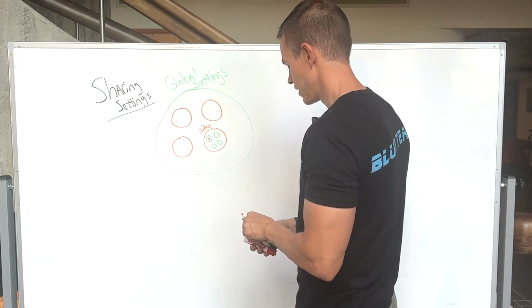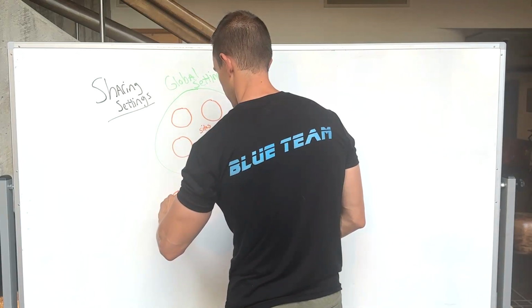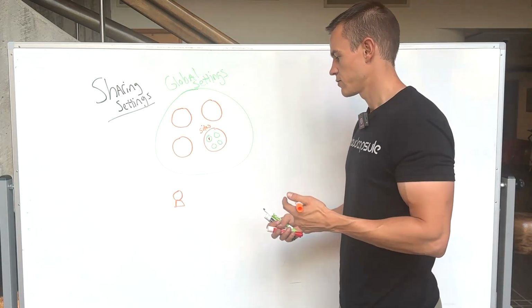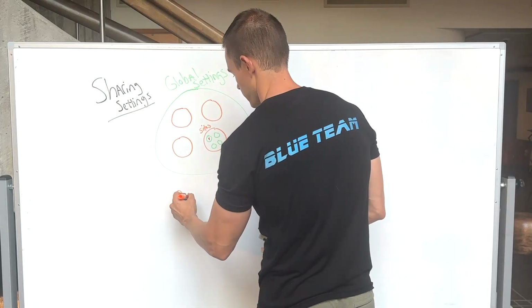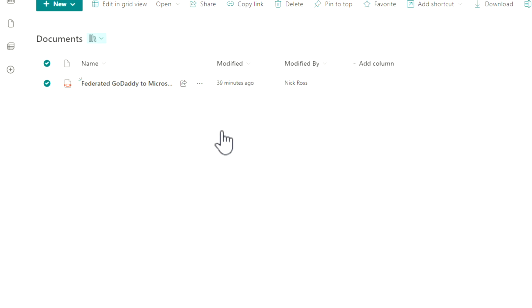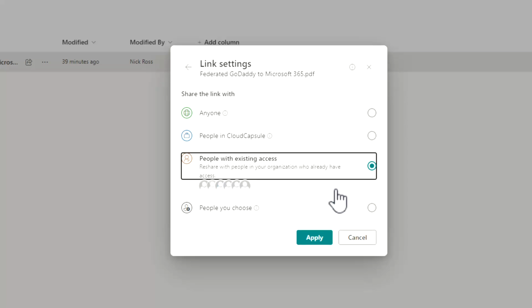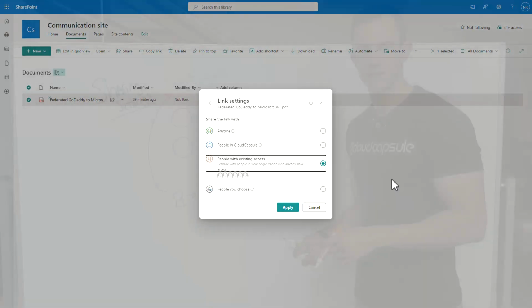So when we think about an individual user sharing a link out, that user, if you've gone through this flow, you already know what this looks like, but they automatically get this dialog here that the link has been copied whenever they say copy link, and by default, it's going to capture the global settings that we've set across the tenant.